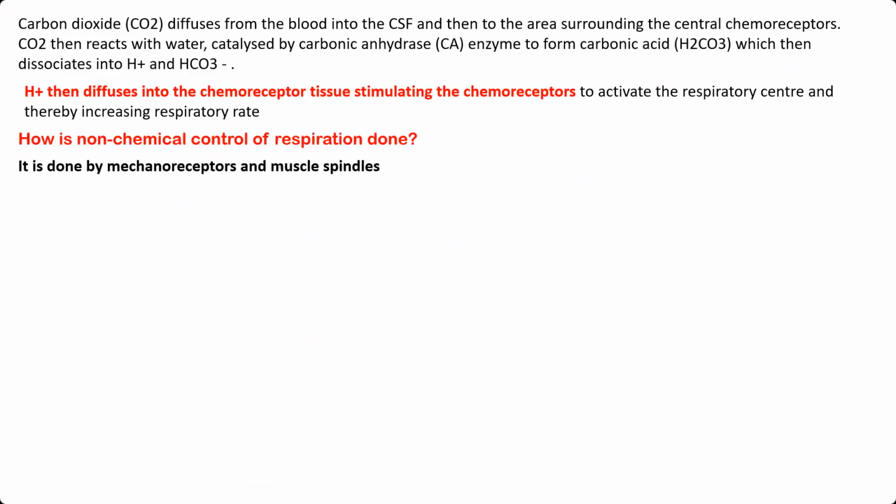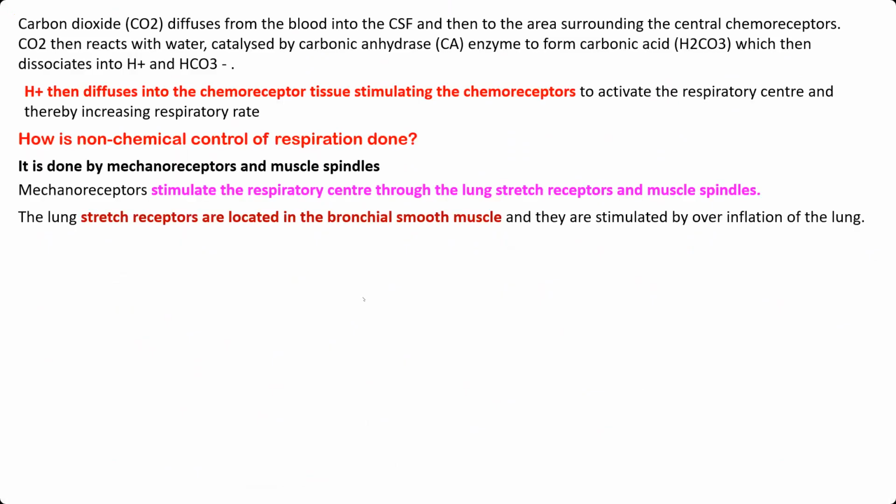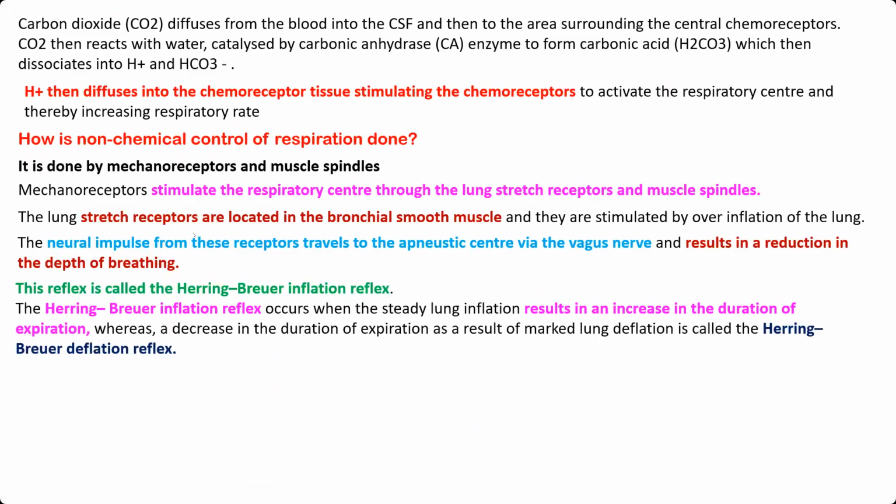Non-chemical control of respiration is done by the mechanoreceptors and muscle spindles. They stimulate the respiratory center through the stretch receptors and muscle spindles. These receptors are located in the bronchial smooth muscles also, and are stimulated by overinflation.